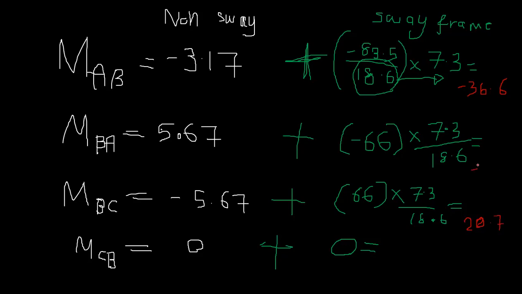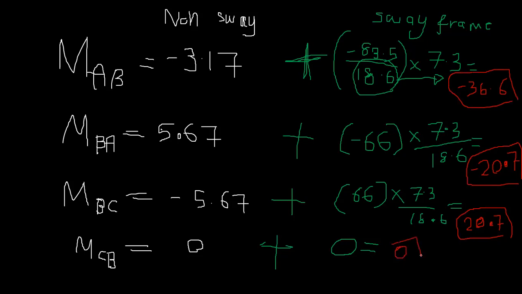So this is minus 20.7. Okay. So this is 0. So these are the bending moments at the joints for the final structure, right?